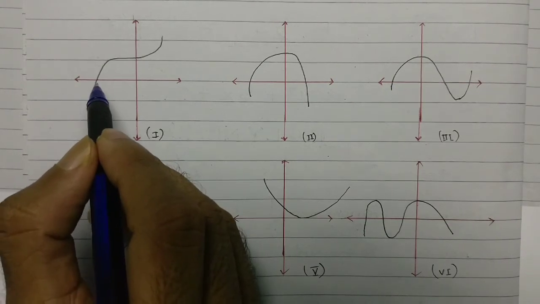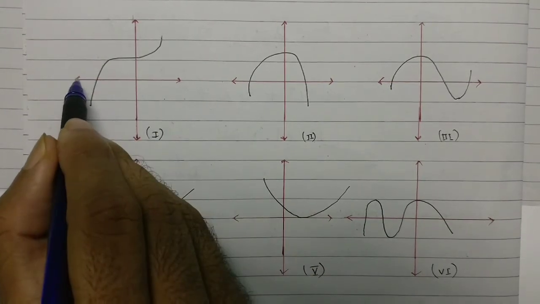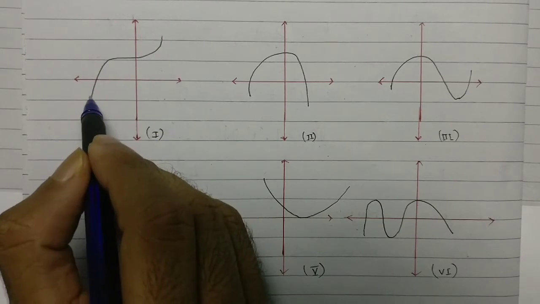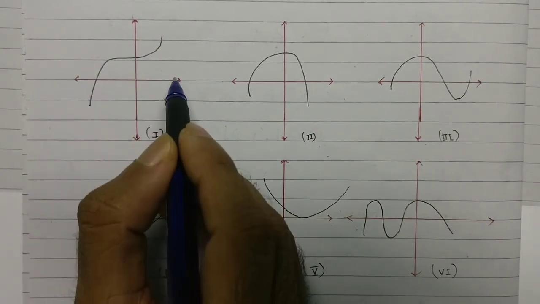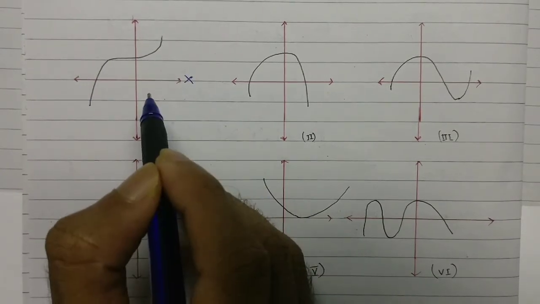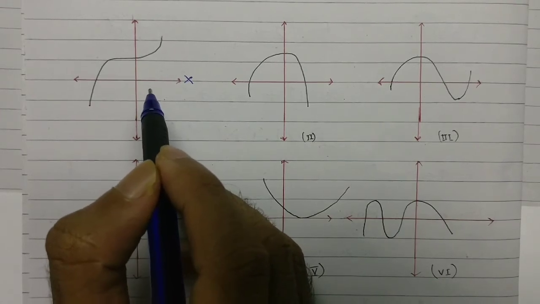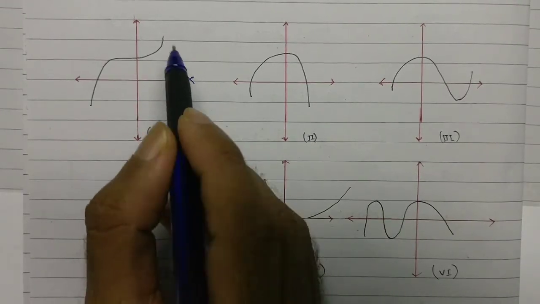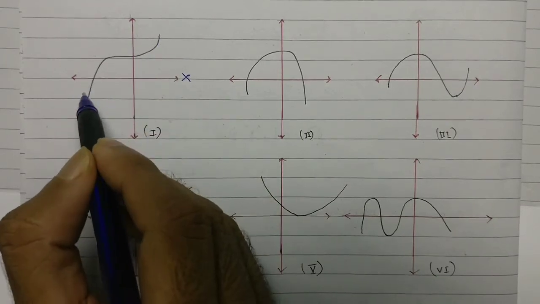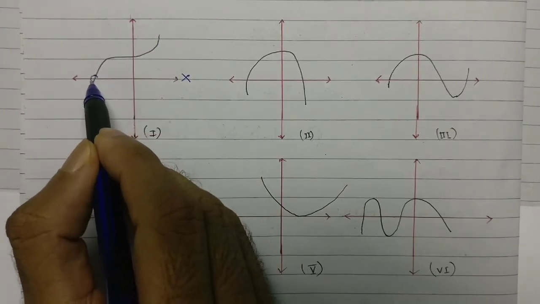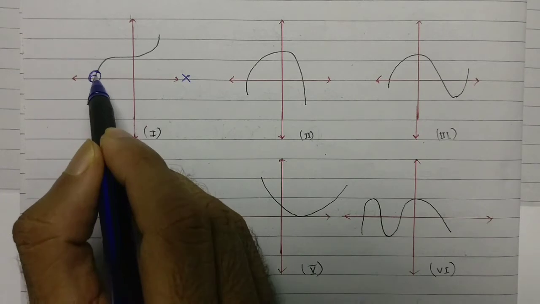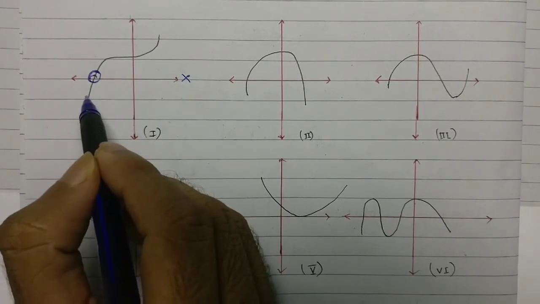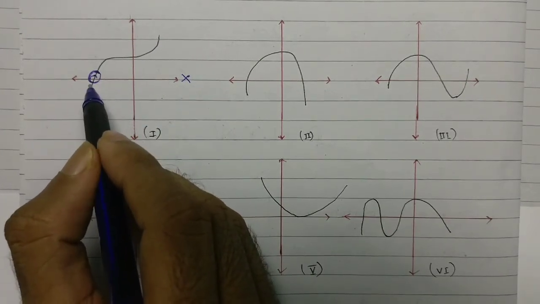Now how do I find out? Wherever this polynomial cuts the x-axis will be a zero of that polynomial. So this polynomial cuts the x-axis once, so this polynomial will have 1 zero.